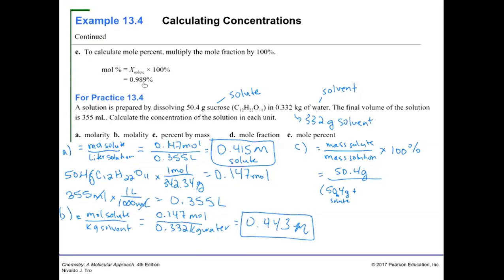So that's our solvent. If we add the solute and the solvent, that equals the whole solution, times 100%. So that gives us a mass percent of 13.2. That was for part C.